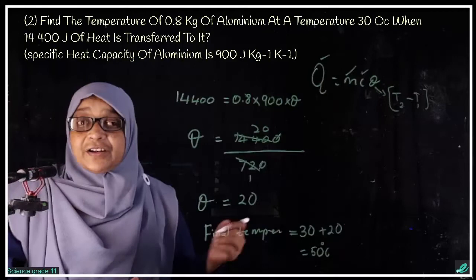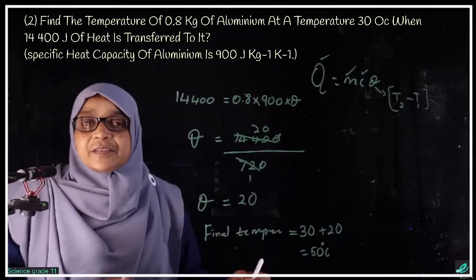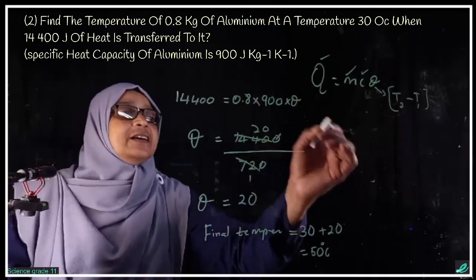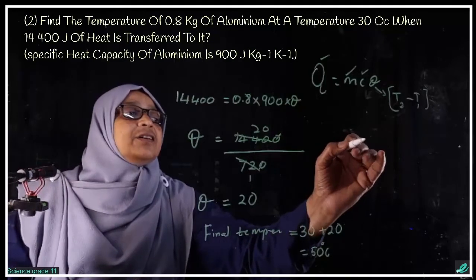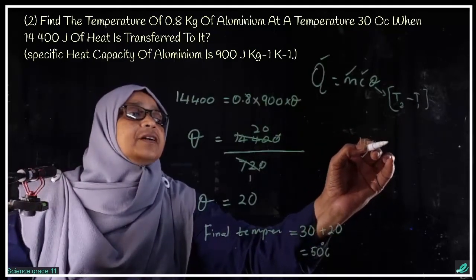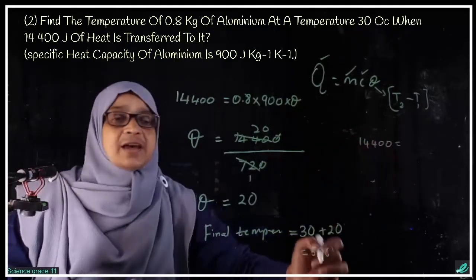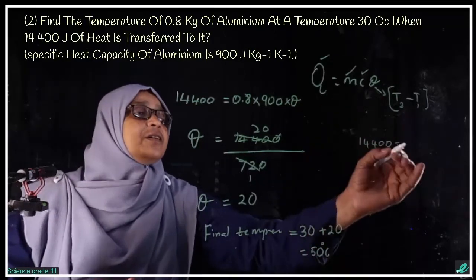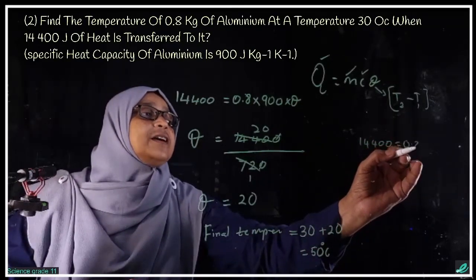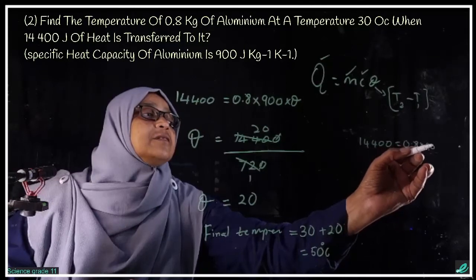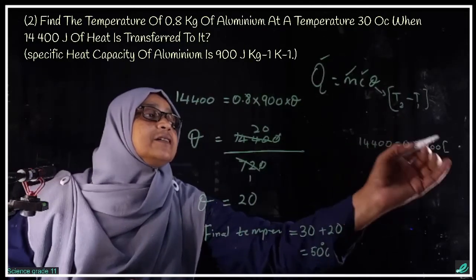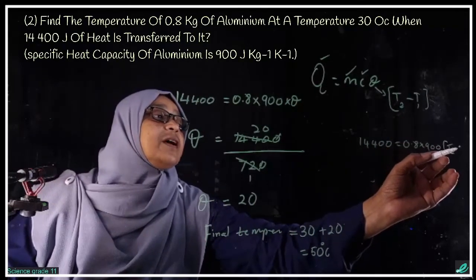Okay, now we'll do the second method. Here, the quantity of heat energy supplied is equal to 0.3 into 900 into (T2 minus T1).